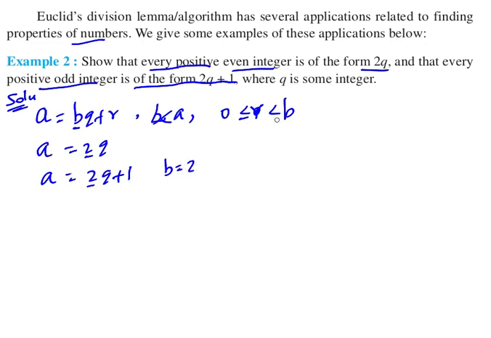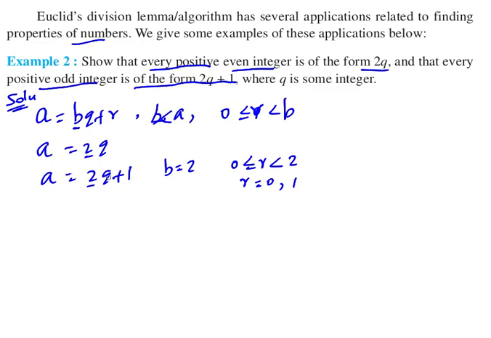If b equals 2, what is the range of r? 0 less than or equal to r less than 2. That means r can be 0, and r can be greater than 0, so it can be 1 also. And it should not be 2 because r should be less than 2. So the value of r should be only 0 and 1.